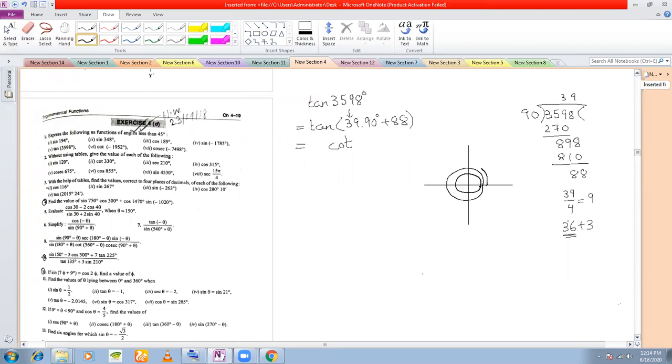Which completes how many rotations of 90 degrees? 36. How many rotations left? 3 rotations. So 2 complete rotations means 36 done, and I have 3 rotations left. So 1 rotation, 2 rotation, 3 rotation. So I am in the third quadrant with 39 into 90 degrees.